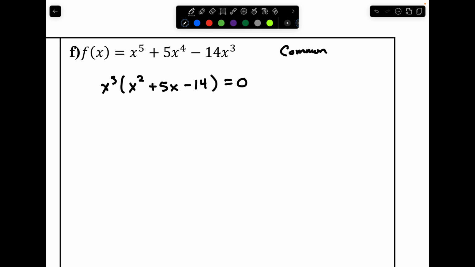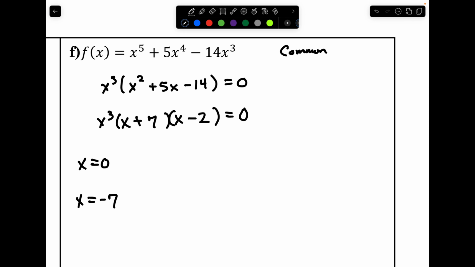And yet again, we have another quadratic trinomial. So factoring that into its linear factors, we end up with x plus, x minus, and factors of 14 to give us 5 are going to be 7 and 2. So x is equal to 0, x equals -7, and our third zero is +2.